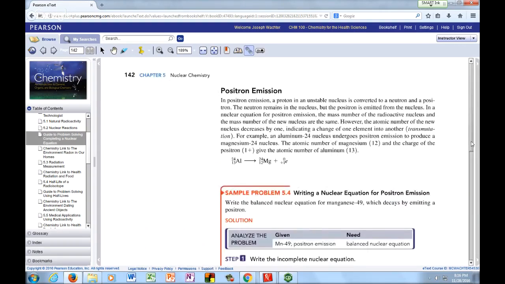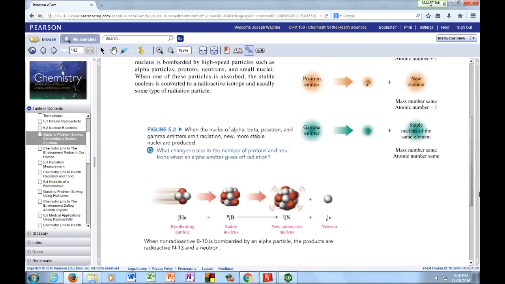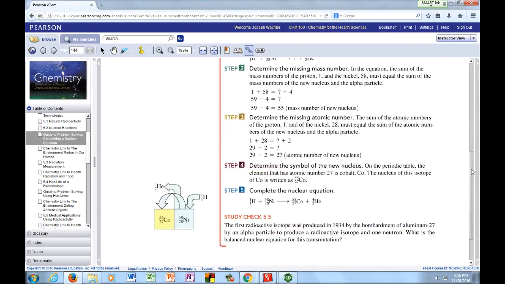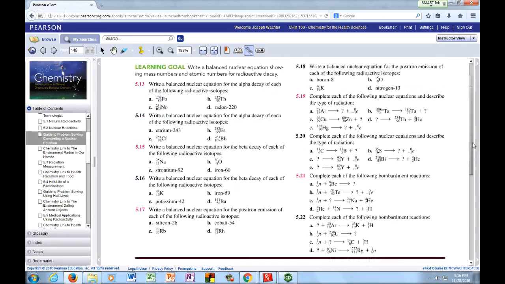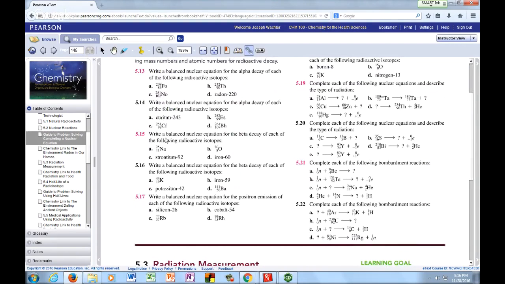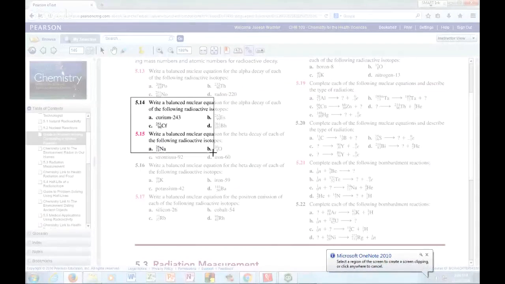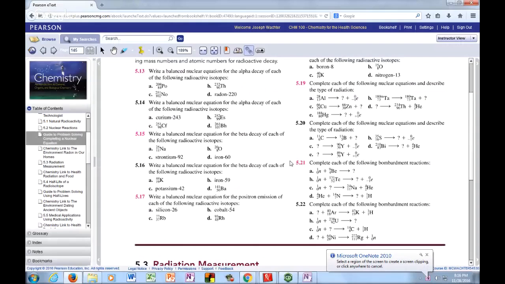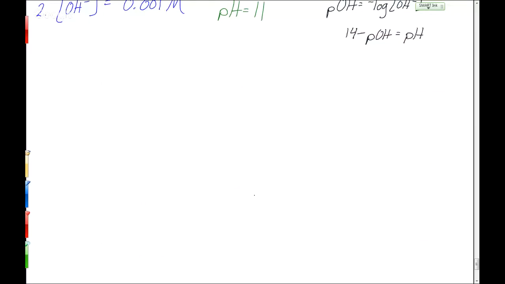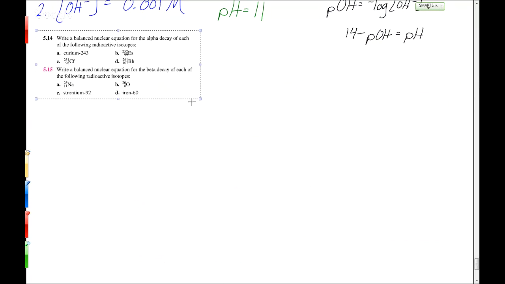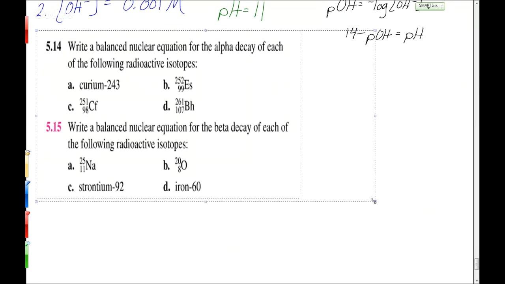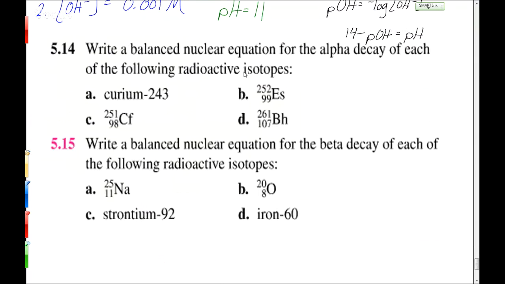Here's some examples. I'll do one and then you try a couple.